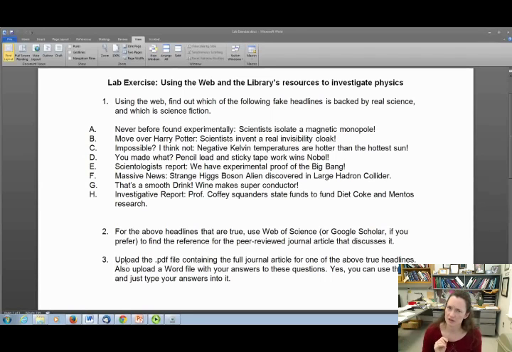Because we're only paying for ASU students to do this. And so it'll ask you for your login ID or your full name and your banner ID, and you'll have to enter it there. The connection also might be a little slower if you try to do it from your home computer. That's not to say that you can't do it at home. You certainly can. It just might be a little easier if you try to do it on campus. But whatever, I'm good with that.